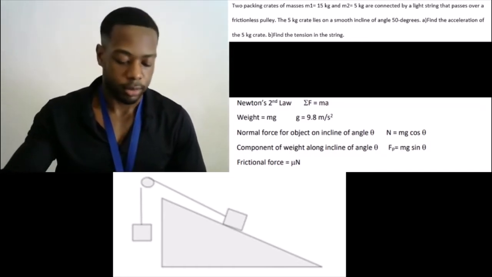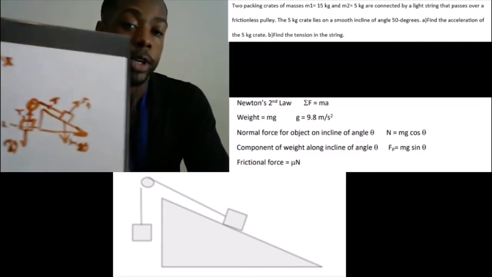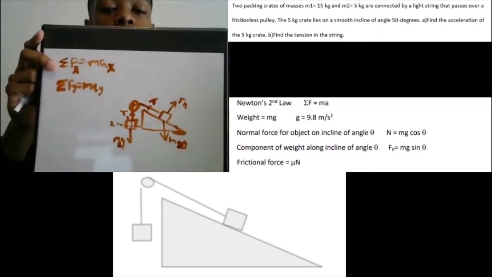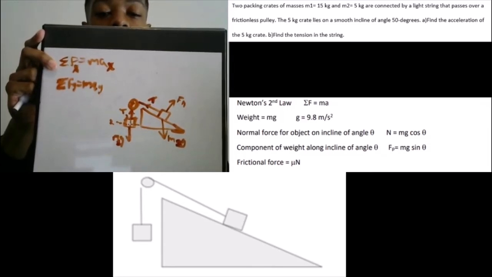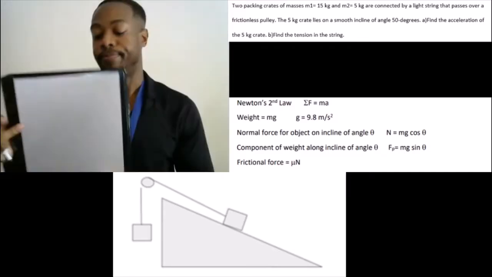So up here, the sum of the forces in the x direction is mass times acceleration in the x direction, and the sum of forces in the y direction is mass times acceleration in the y direction.